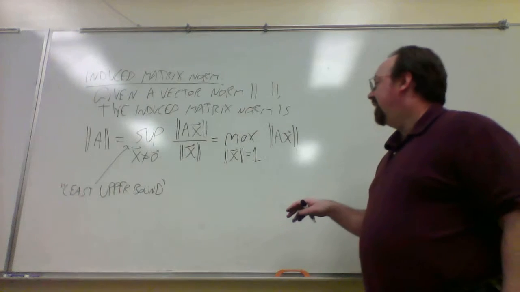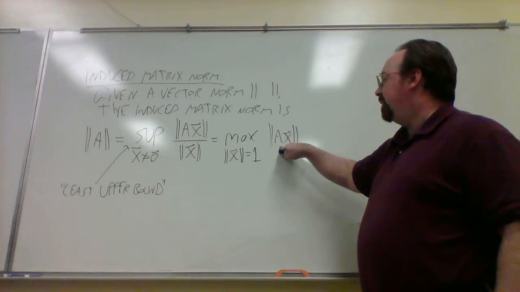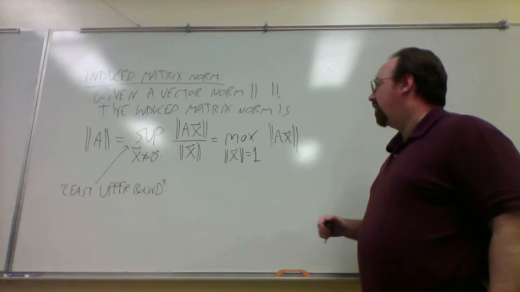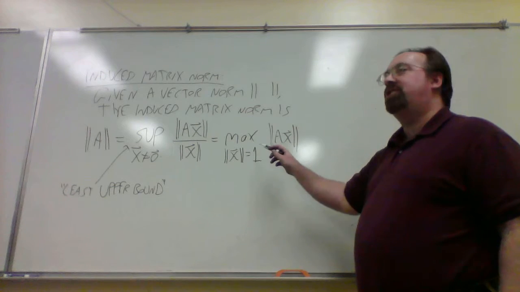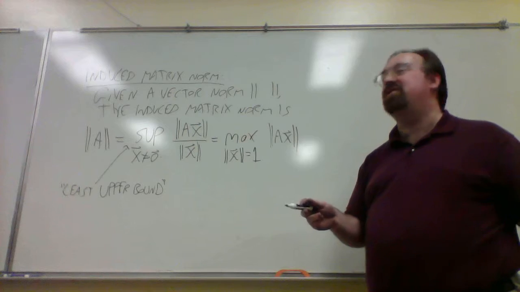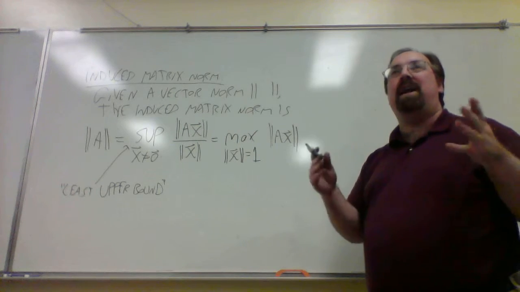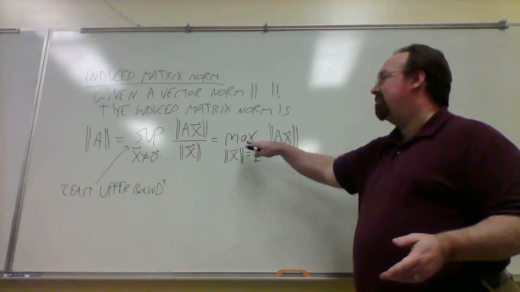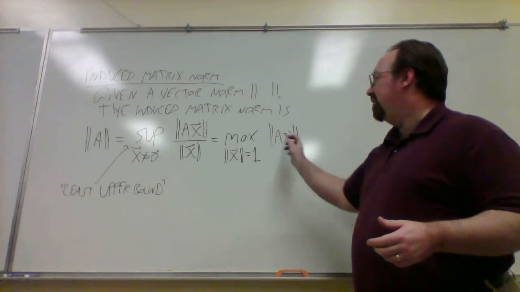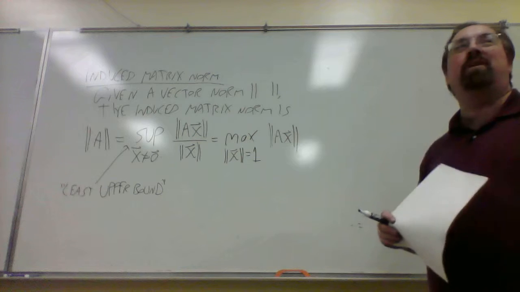On the other hand, if we just consider all these vector norms limited to the unit sphere in this particular norm, that is a continuous function on a closed and bounded set, to use 541, 542 terminology, and that is guaranteed to have a maximum and a minimum. And so here it's okay to say max. And in practical terms, we'll often use this definition. But gotta be somewhat rigorous here.